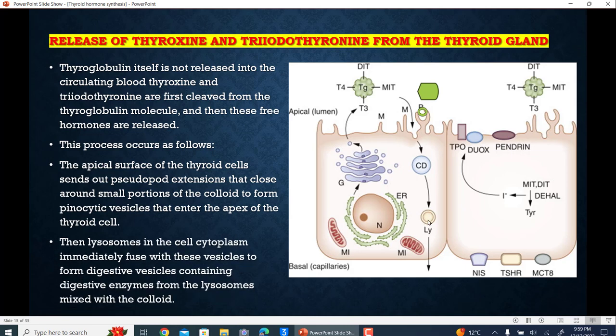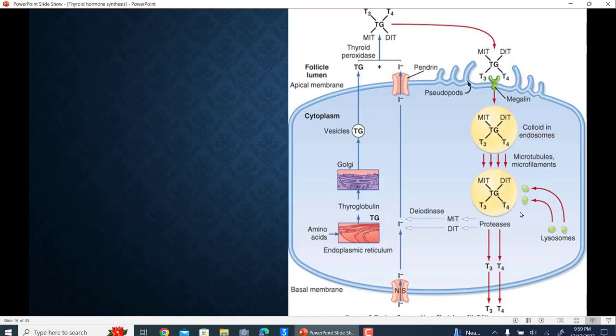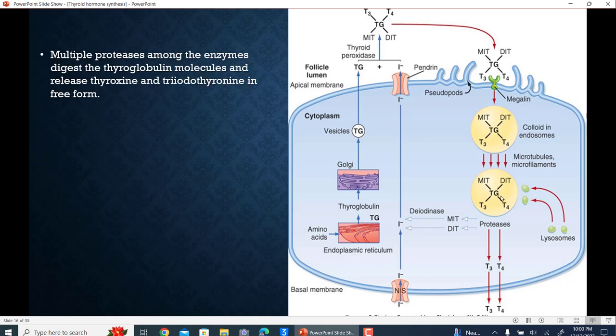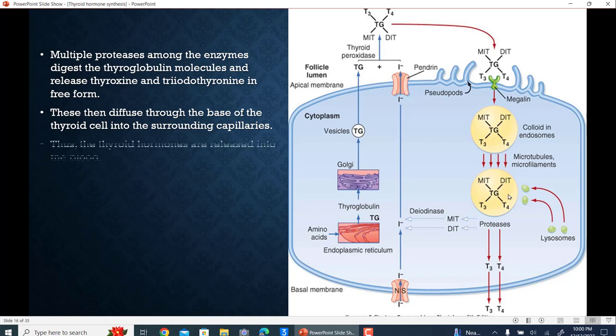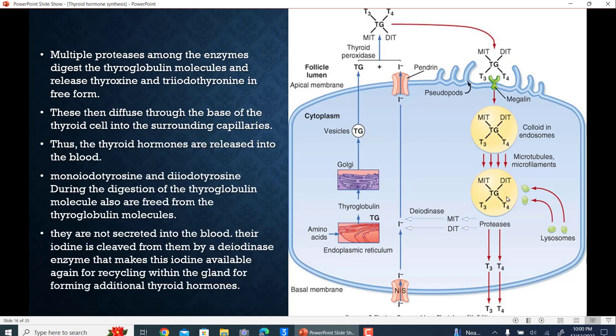Then lysosomes in the cell cytoplasm immediately fuse with these vesicles to form digestive vesicles containing digestive enzymes from the lysosome mixed with the colloid. The thyrocyte also contains another vesicle, the lysosomal vesicle, which contains lysosomal enzymes, and this vesicle combines with the pinocytic vesicle and adds its enzymes to the thyroglobulin.